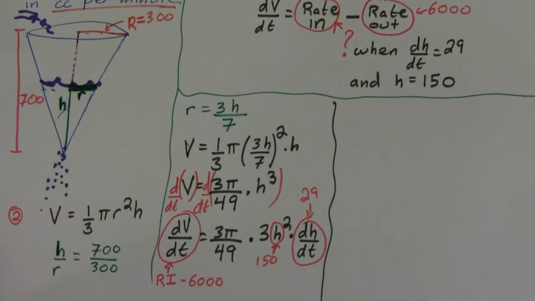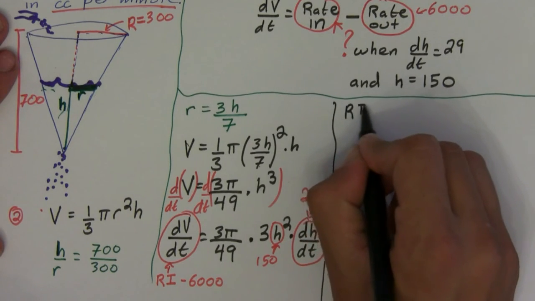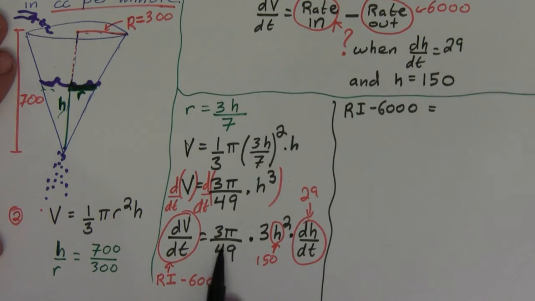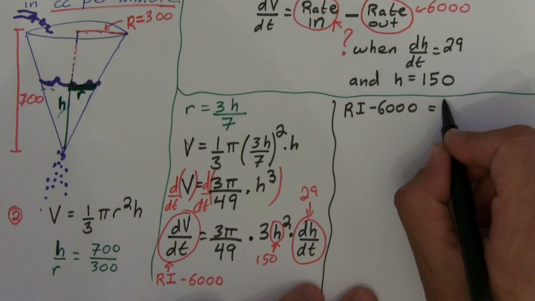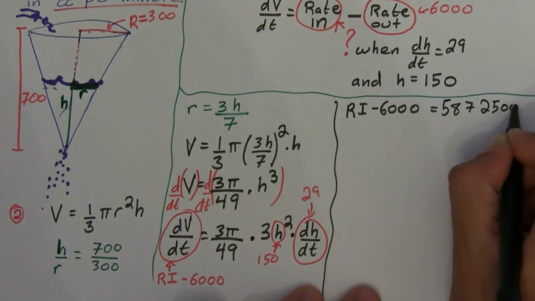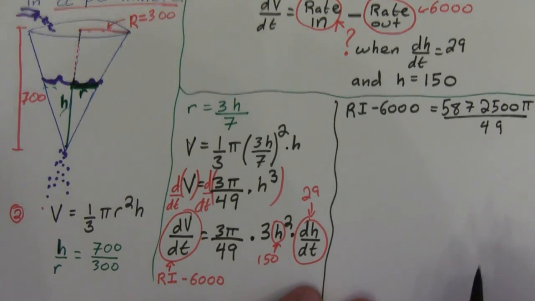Okay, so if I plug all of that in, I'm going to get the rate in minus 6,000 is equal to, after multiplying all this out, 5,872,500 pi over 49.